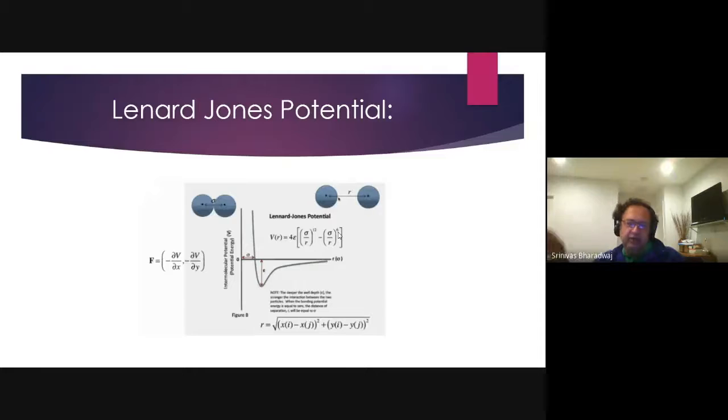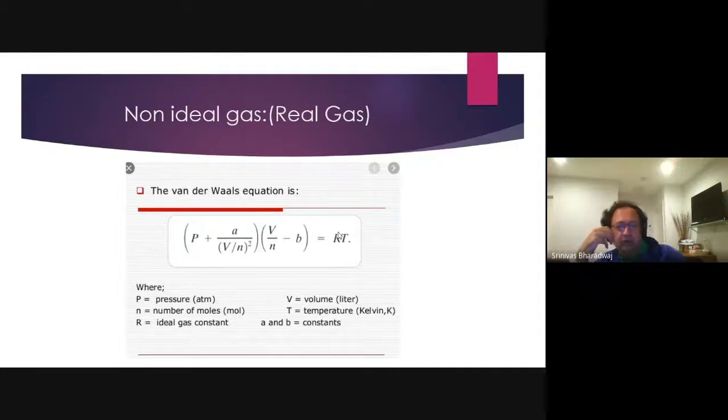We already see that also when we look at atomic theory, where we have weak forces being dealt with using van der Waals.